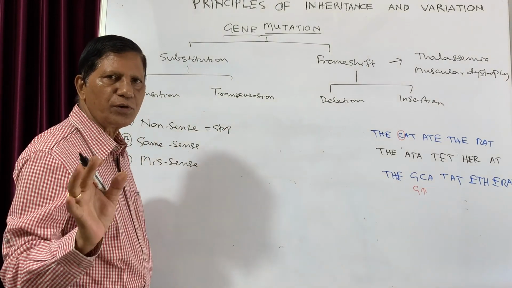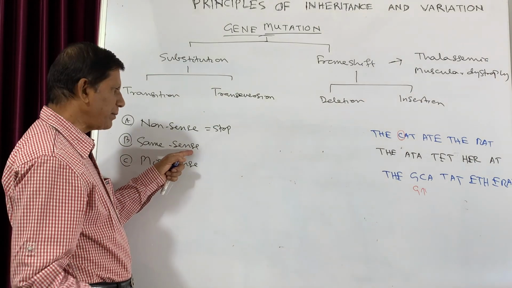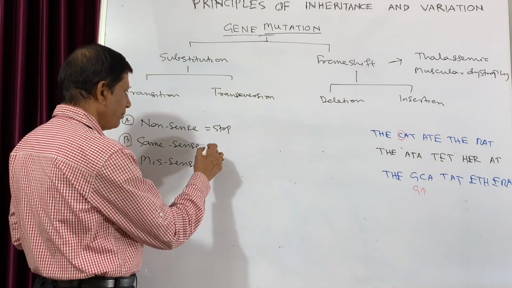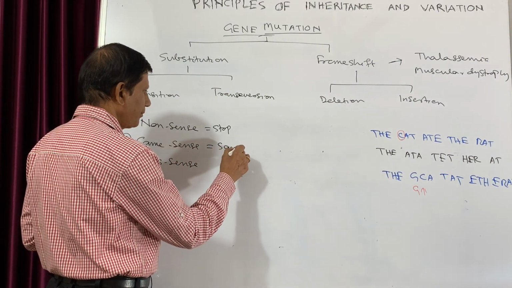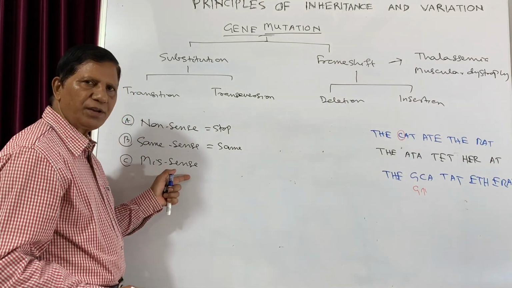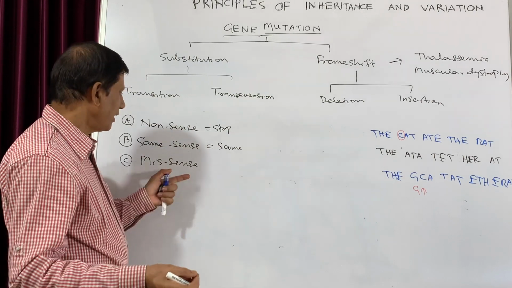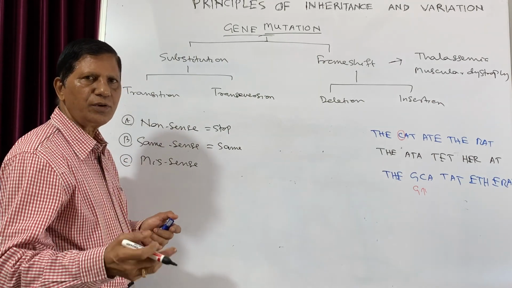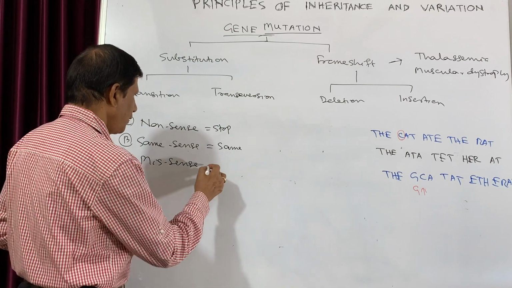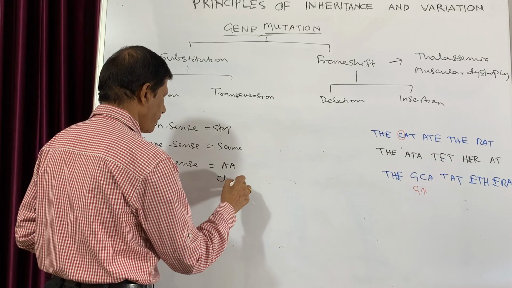That means there will be no protein synthesis. Samesense mutation means mutation will take place, but the result will be same. That means it has no effect. Missense mutation, due to change in one of the bases, the amino acid changes. So it has far-reaching effect. So in this case, the amino acid changes.